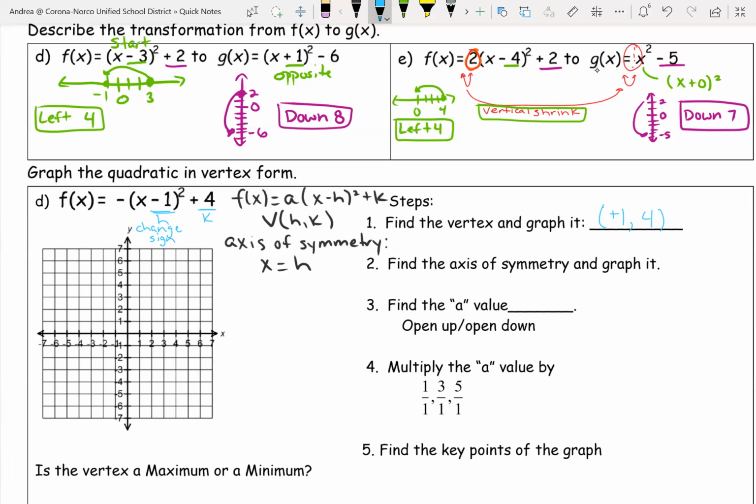And we're going to graph that. I'm going to go x is +1 and y is 4. That makes the axis of symmetry, sorry, the axis of symmetry should be x equals that h value, which is 1.